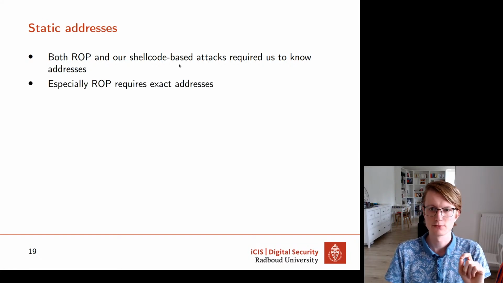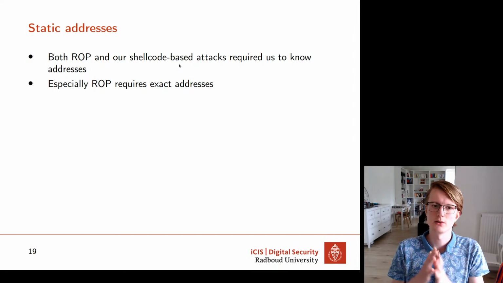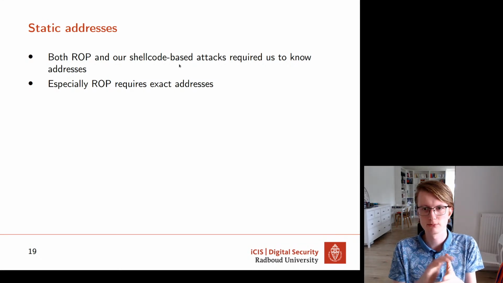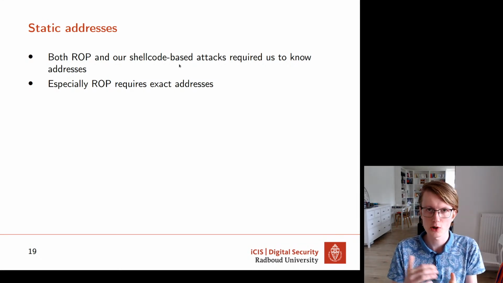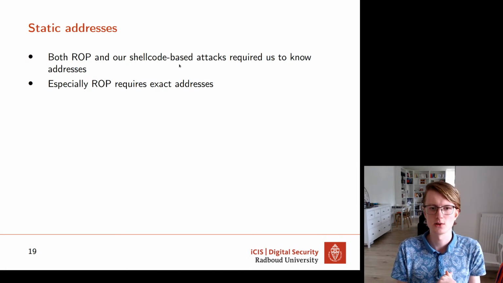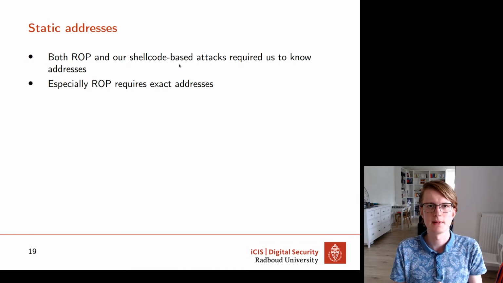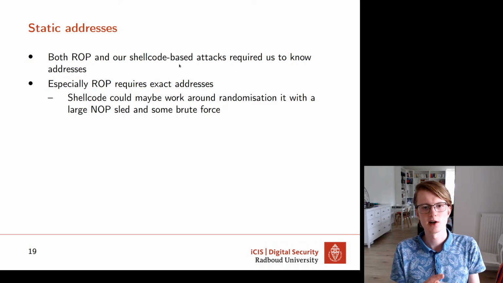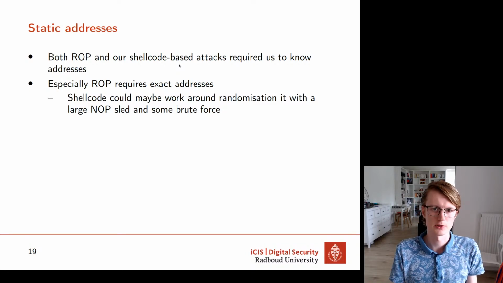And especially for return-oriented programming, we needed to know very exactly where we needed to go. Because if you're 1 byte off, you will be in a different place, executing more code than you want, and then your stack will probably get messed up, and that's not what you want. Shellcode can usually work around some amount of randomness with a large NOP sled and some brute force.